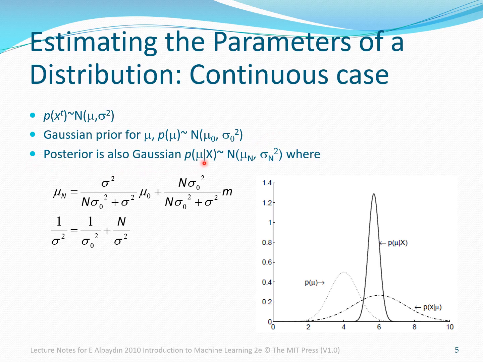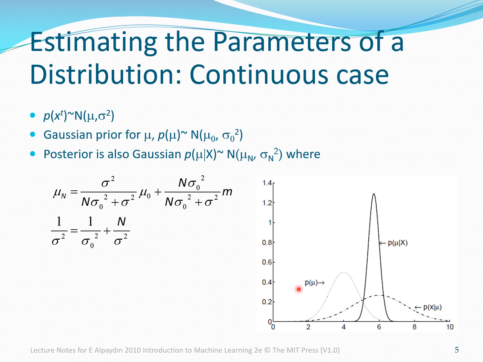P of mu given x tends to N of mu_N, sigma_N squared, where mu_N equals sigma squared divided by N sigma_0 squared plus sigma squared, times mu_0, plus N sigma_0 squared divided by N sigma_0 squared plus sigma squared, times m. And 1 by sigma_N squared equals 1 by sigma_0 squared plus N by sigma squared.